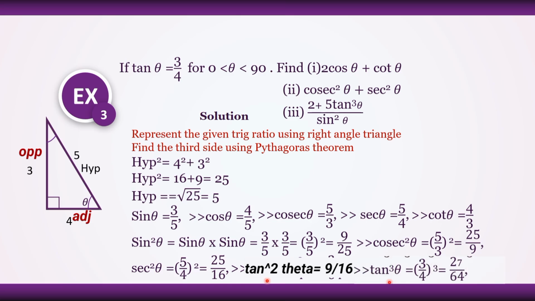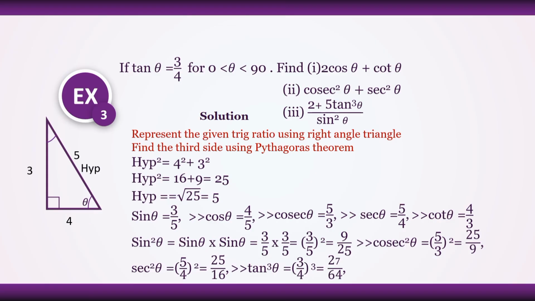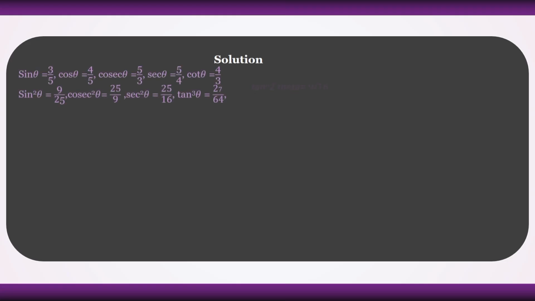And we have tan cube theta, which is 3 over 4 cube, and that is 27 over 64. 3 cube is 3 multiplied by 3 multiplied by 3, and that is 27. And 4 cube is 4 times 4 times 4, and that is 64. Now these are the trig expressions that we've gotten.